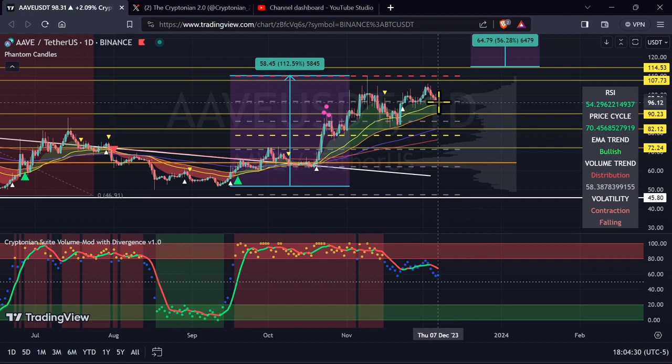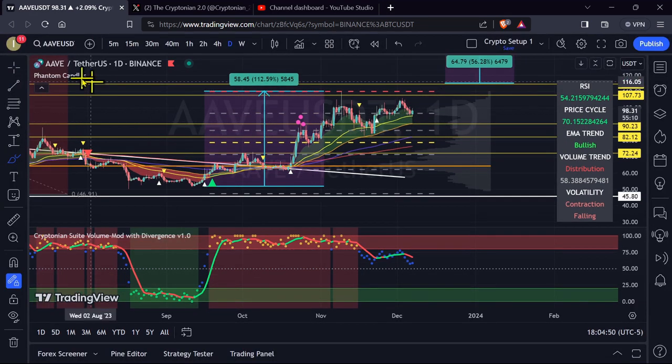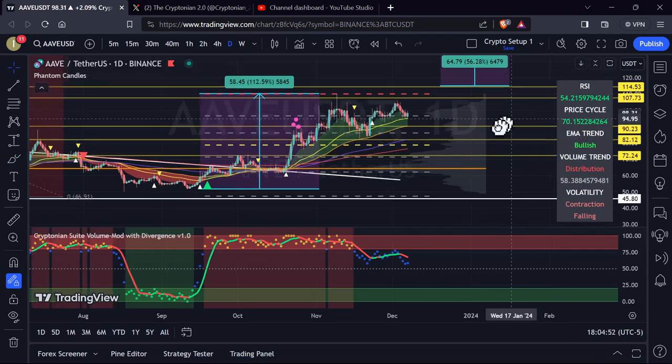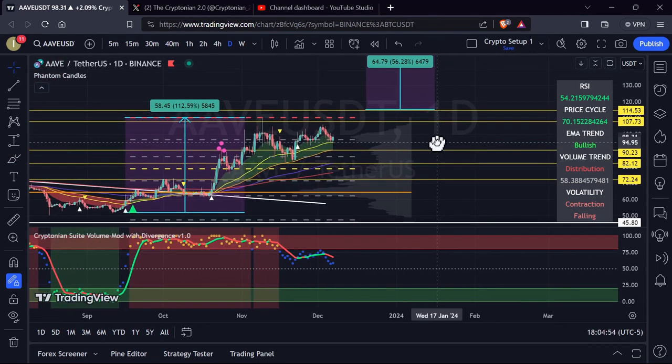Now, that's if Bitcoin has some significant pullback, or if there's a change in momentum in the market and Bitcoin just trends down slowly in Q1. I don't see that happening until maybe after the spot ETF approvals have been announced. So I think until then, we're going to see some bullish momentum in the market.